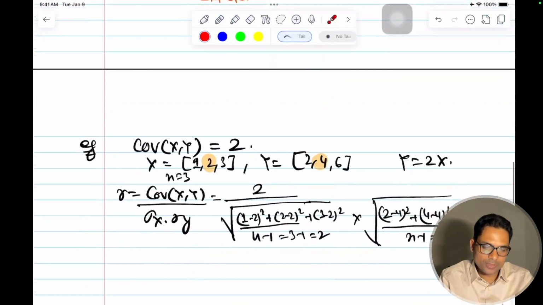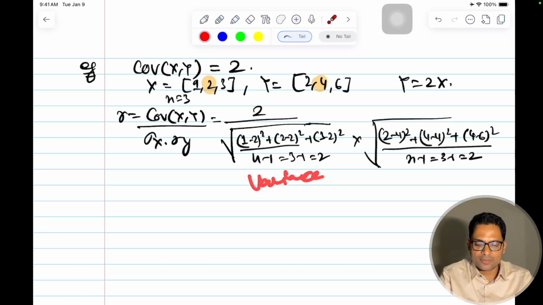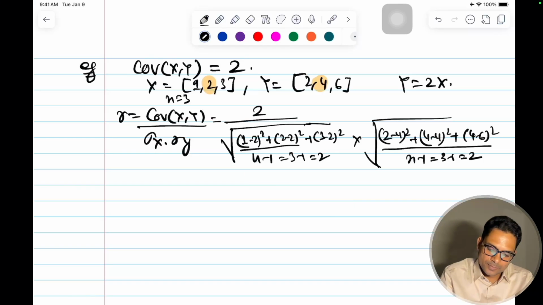So the same thing we'll use for the covariance and for the standard deviation also, because that is the square root of variance, and variance also has that correction factor of 1 by n minus 1 instead of n. So let's calculate this.